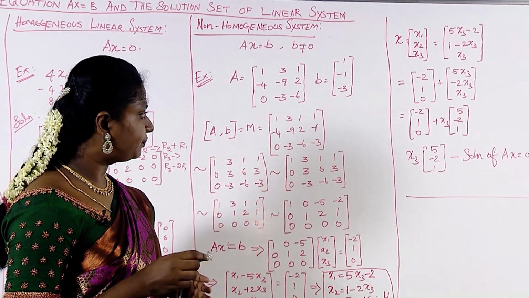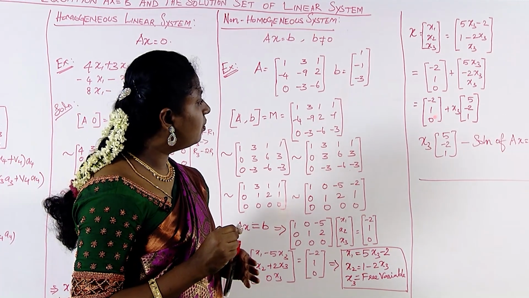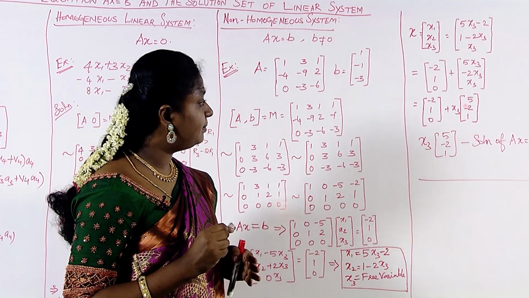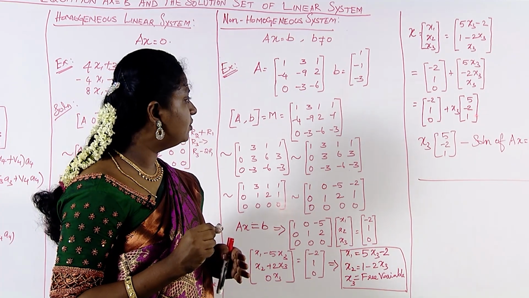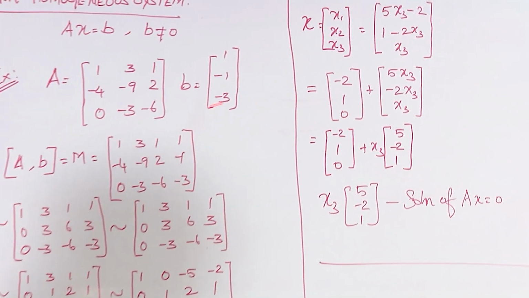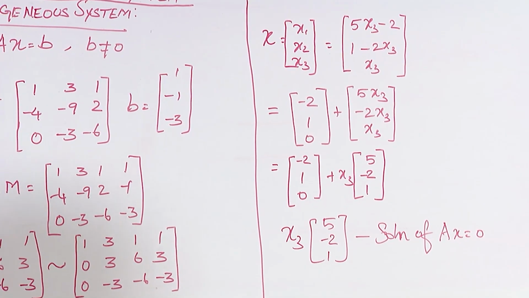So here, (minus 2, 1, 0) is added together with x3 multiplied by (5, minus 2, 1). This will be the general solution of the non-homogeneous equation we are considering.